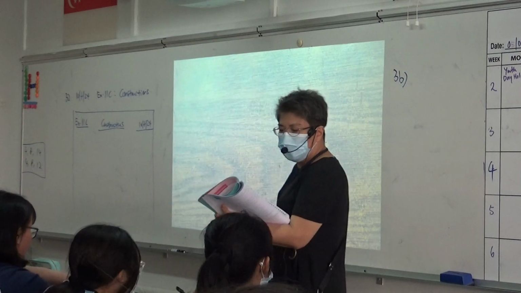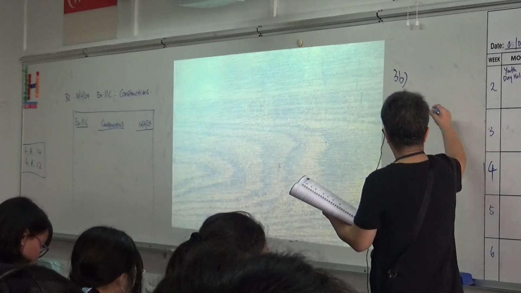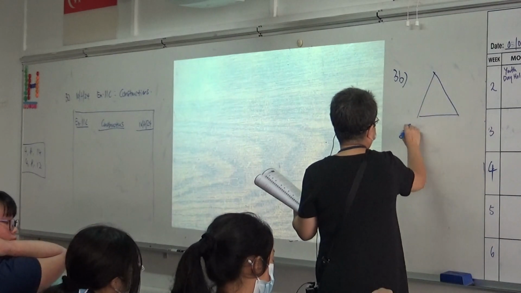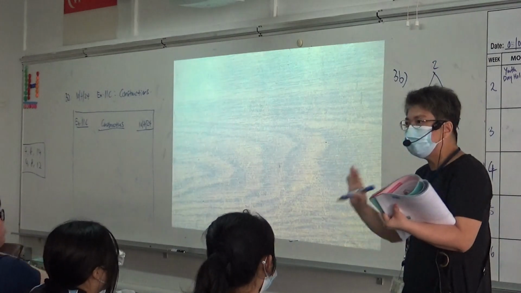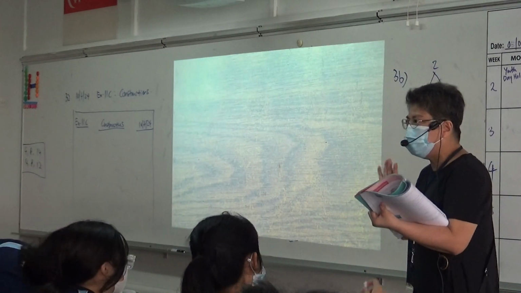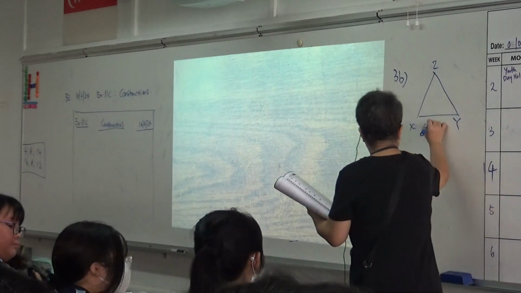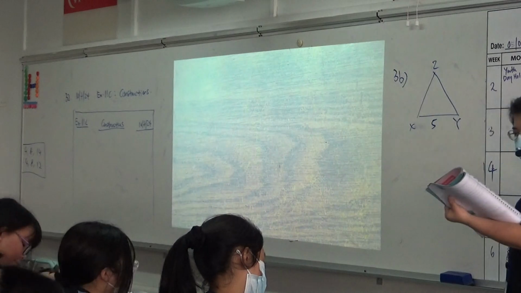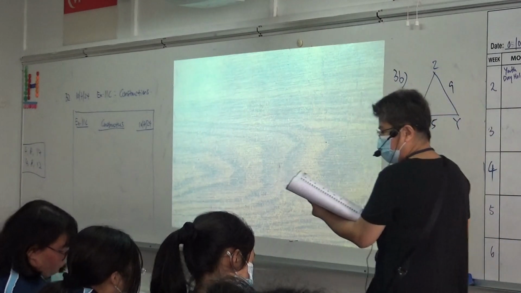Construct triangle XYZ. Okay, so I'm going to just draw a sketch. X, Y, Z. Before you start, you just draw a sketch first. It doesn't need to be accurate, just draw a sketch. XY is 5 cm. YZ is 9 cm.